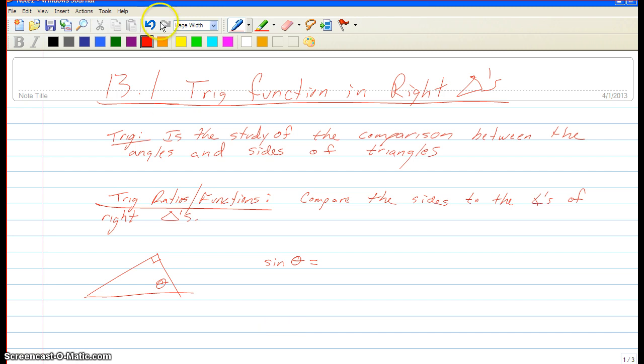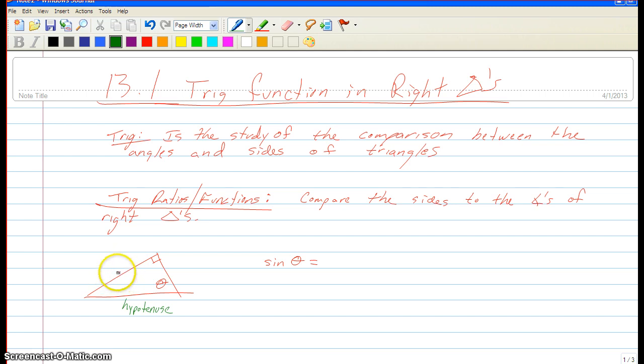Okay? The thing you need to pay particular attention to is that there is a hypotenuse of a right triangle. The hypotenuse is always directly across from the right angle, right? If we're talking about an angle theta right here, what's this side that I'm pointing to? What do we name that?